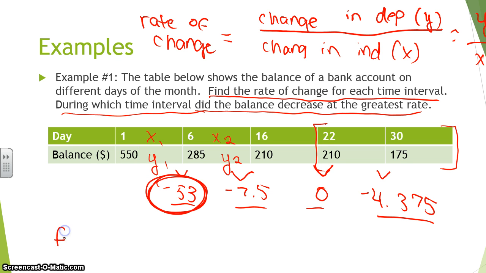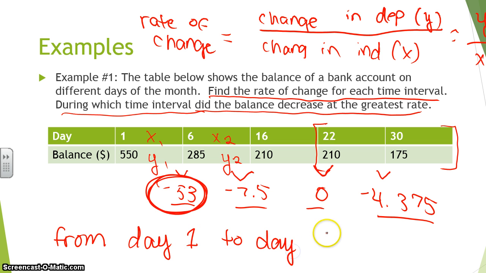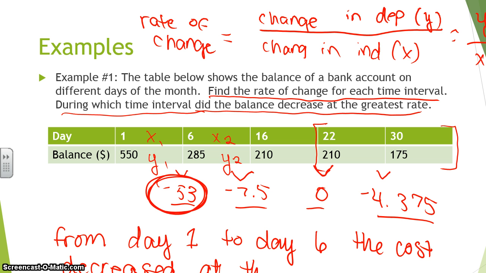So we can say from day 1 to day 6, the cost decreased at the greatest rate.